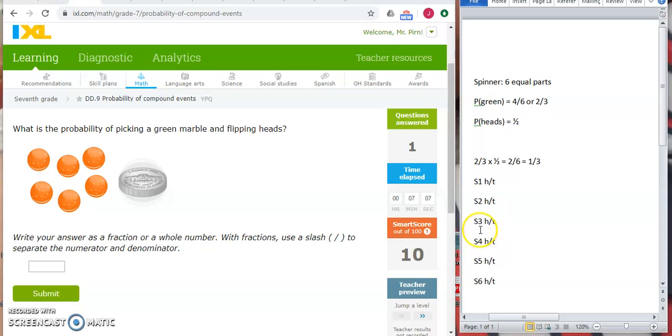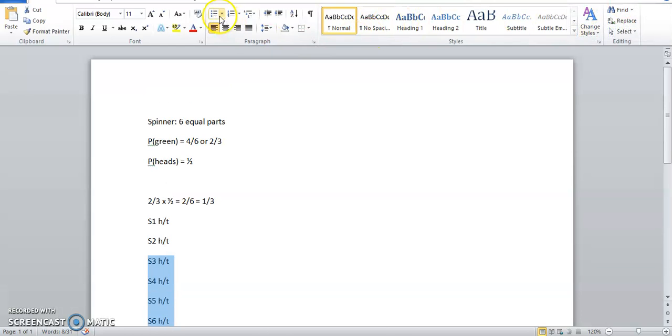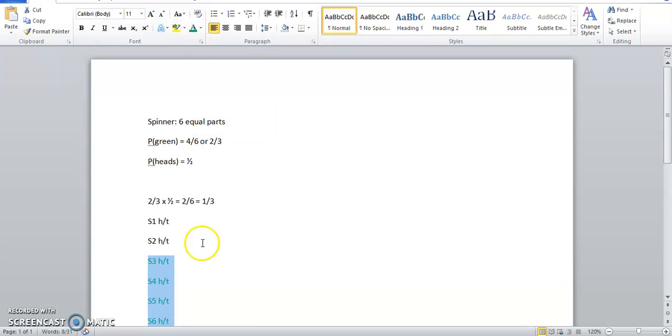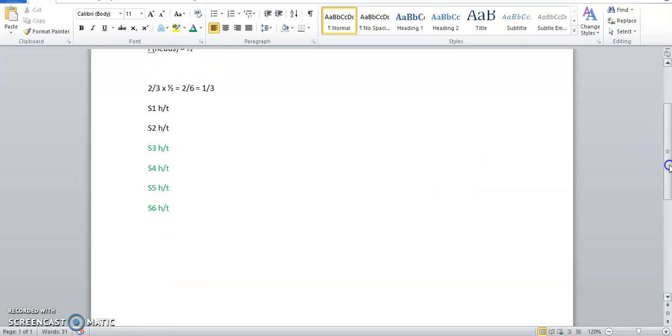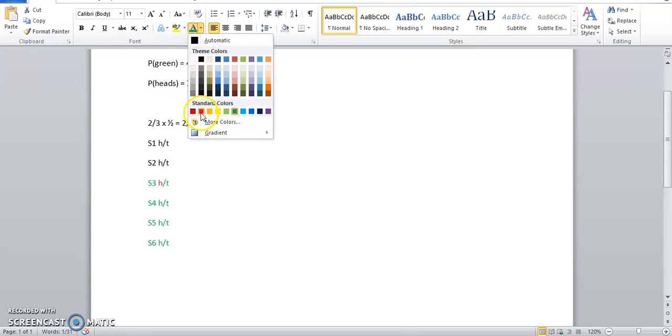Now, if we remember that 4 of our 6 spinners were green, I'll say that these were the green ones. In fact, let's just go to this screen now. So 4 of our 6 spinners were green, and I'm even going to color them green to make it abundantly clear. So you have these 4 green spins, and of those 4 spins, we want to flip heads. So I'll highlight that H in red.